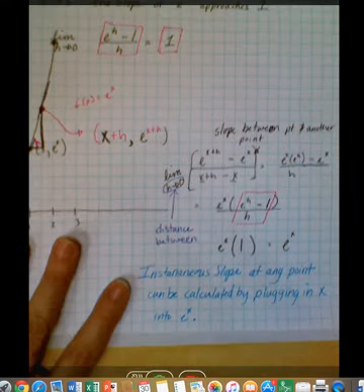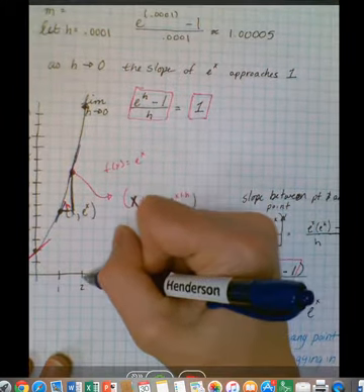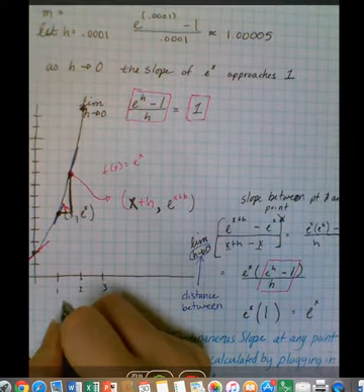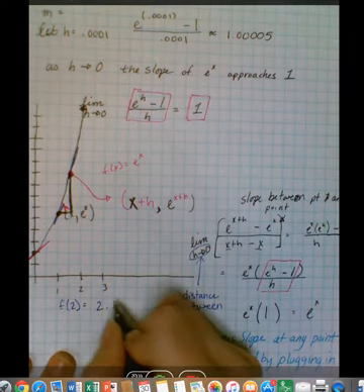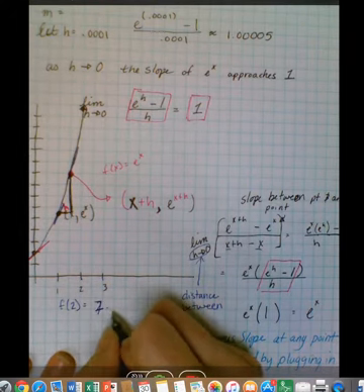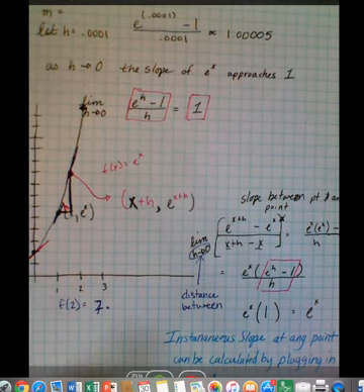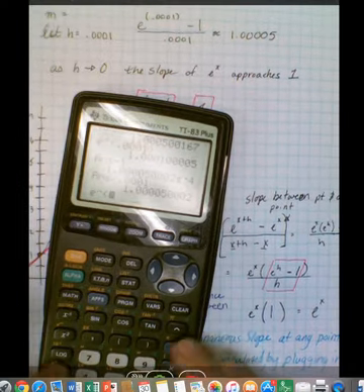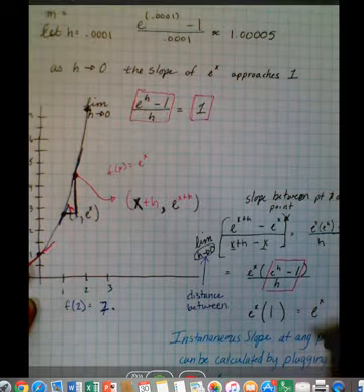Okay, I'll show you just briefly and then we'll be done. That means that at 2, from our table before, we know that f of 2 equals 7.39.